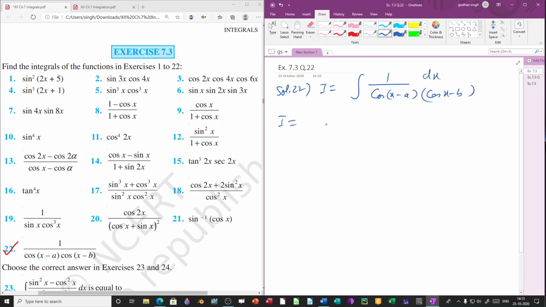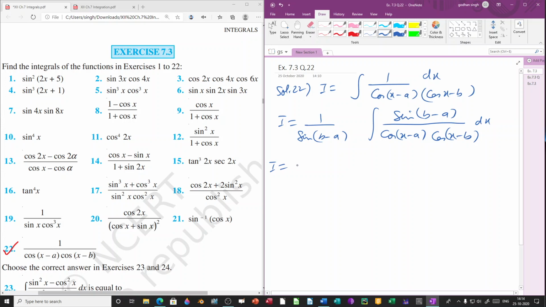Multiplying and dividing by the constant sin of b minus a, we get I equals 1 by sin b minus a integration of sin b minus a over cos x minus a into cos x minus b dx.